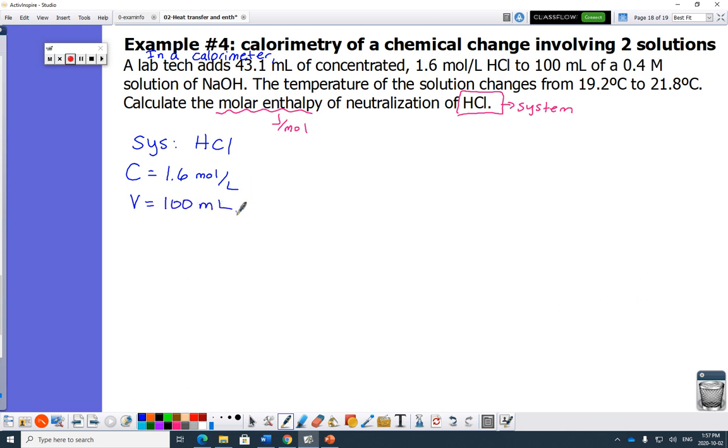Volume is 100 milliliters, which has to be liters. So moles per liter and milliliters, they don't match. They don't cancel out, right? So you have to divide by 1,000 to get liters. Maybe you think of it like moving the decimal place 3 spots, whatever works for you, okay?